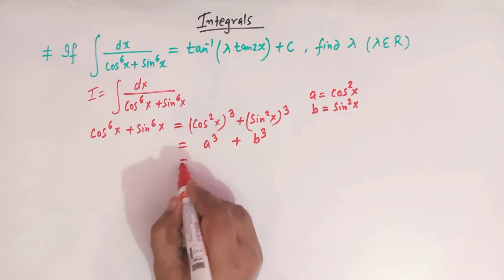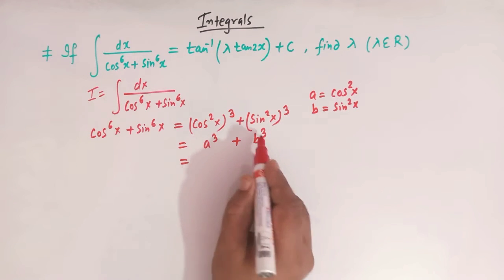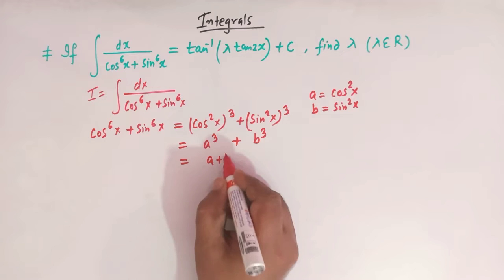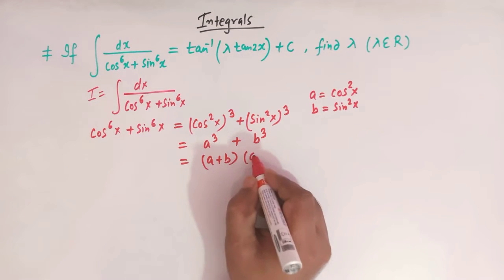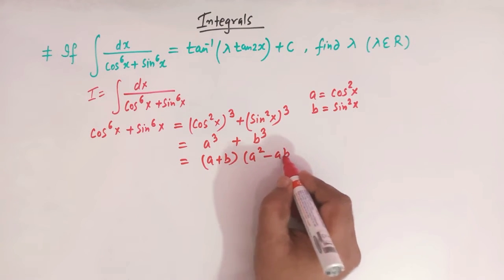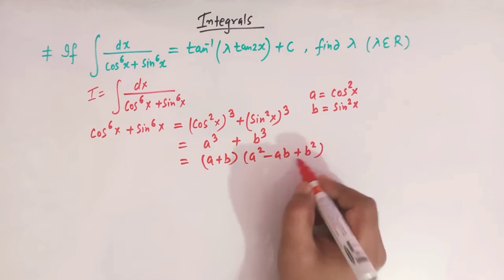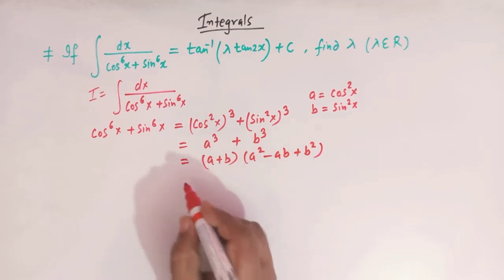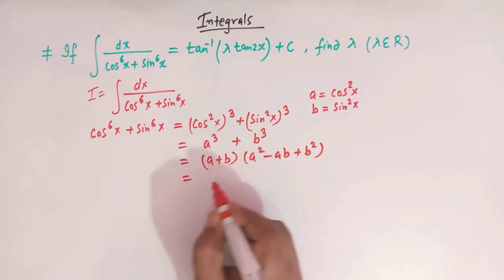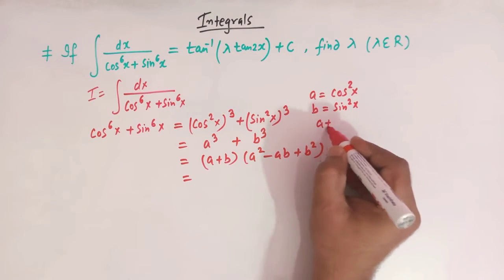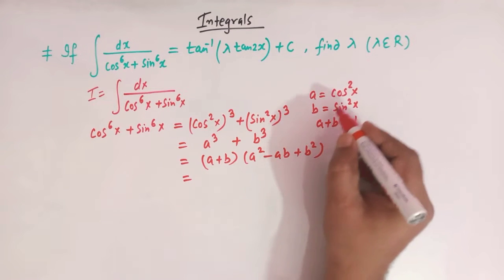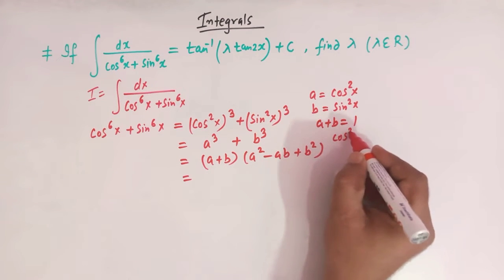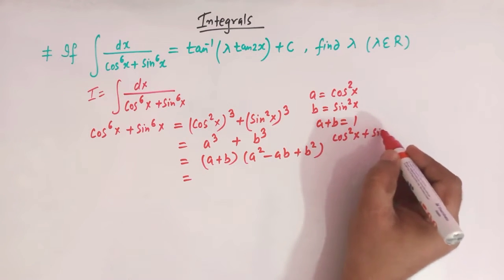Now we know the formula for a cube plus b cube: a plus b times a square minus ab plus b square. So a cube plus b cube can be factorized like this, and a plus b is simply equal to 1, because a is cos square x and b is sine square x.